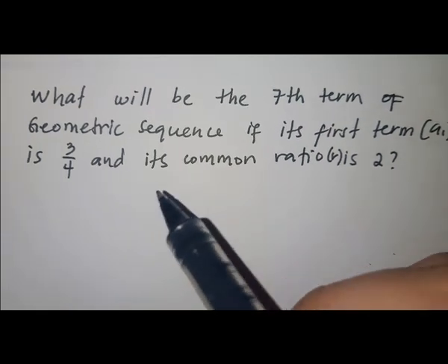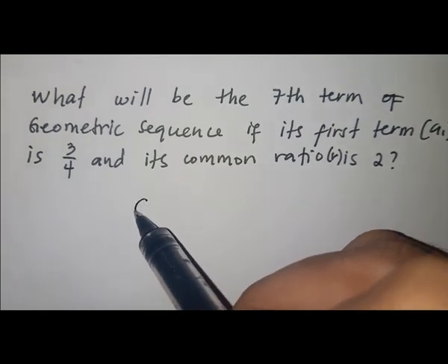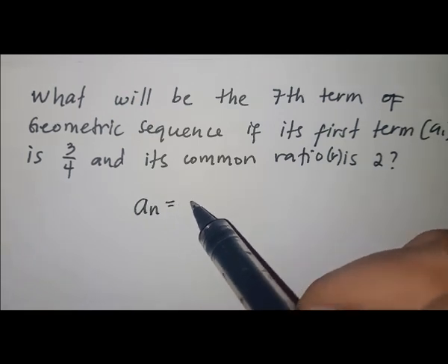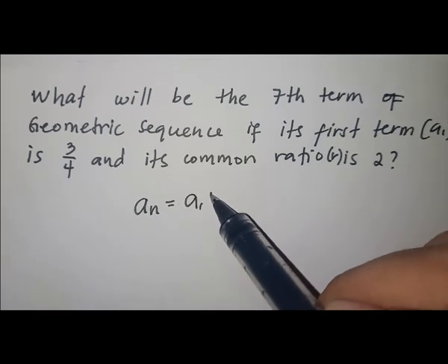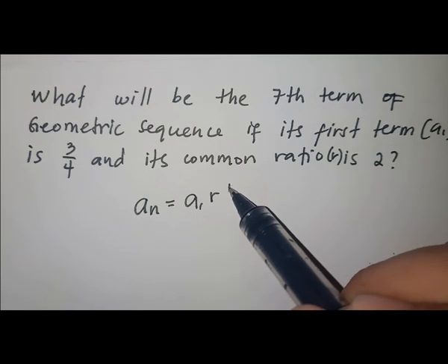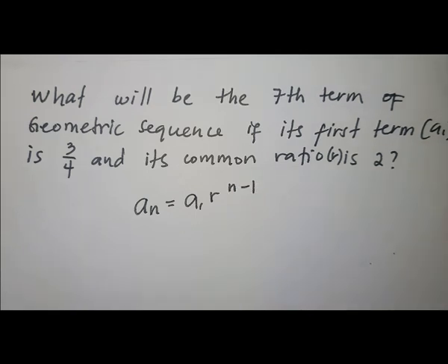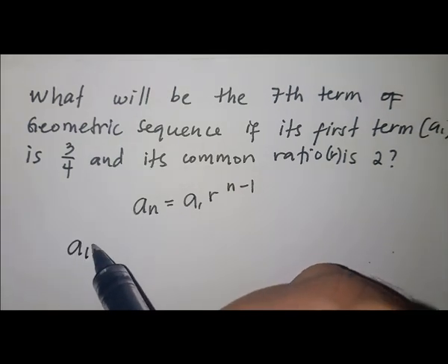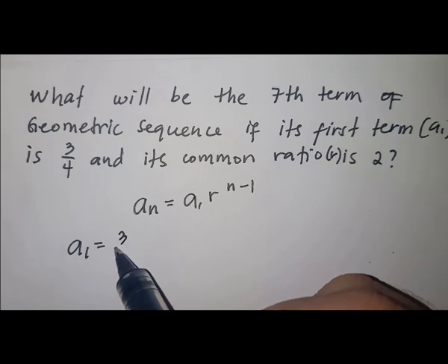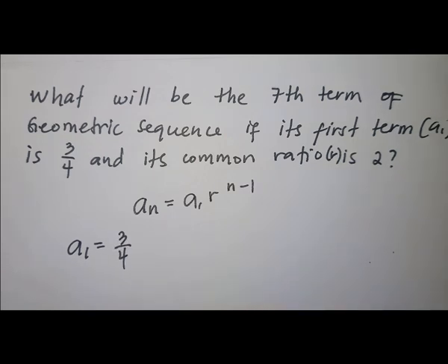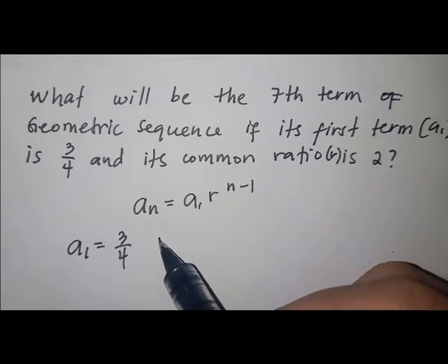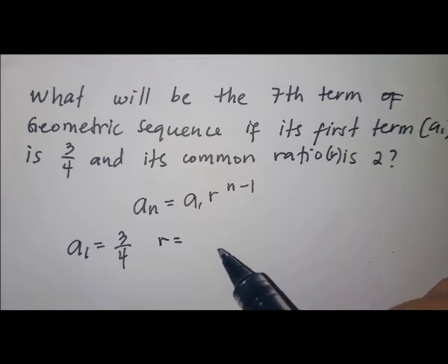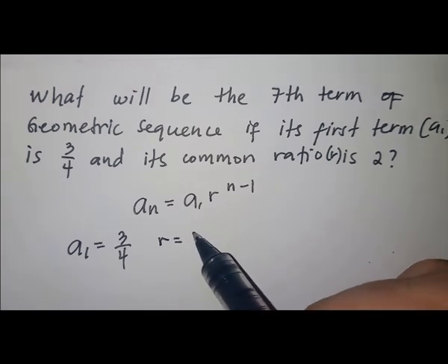So, again, the formula is a sub n is equal to a sub 1 times r raised to n minus 1. Okay? So, isa-isahin natin. So, sabi, yung first term daw natin ay 3/4. Yung common ratio na meron tayo ay positive 2.